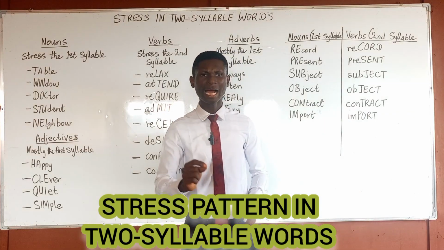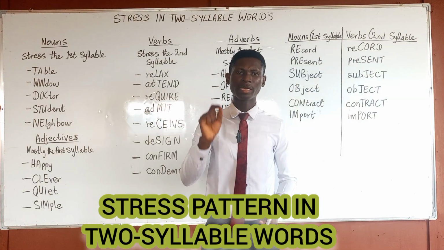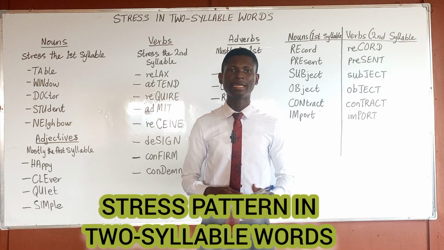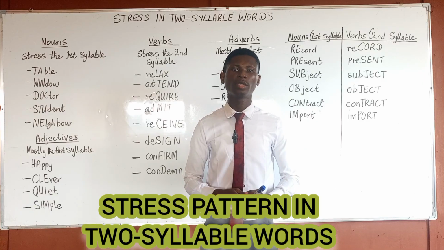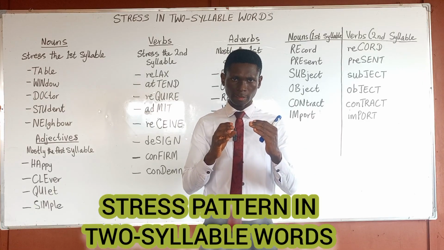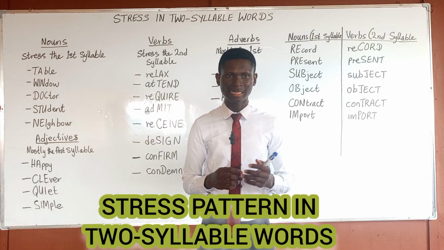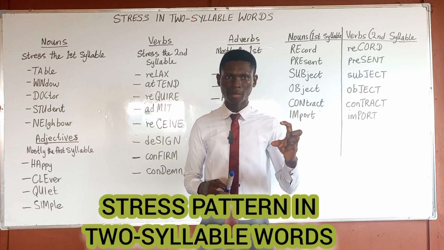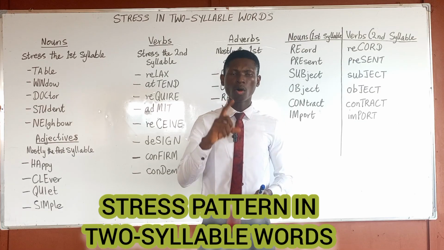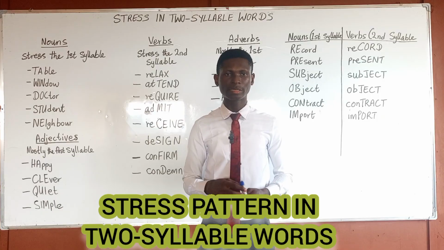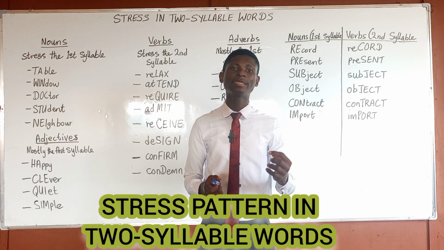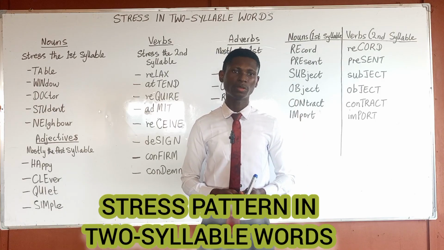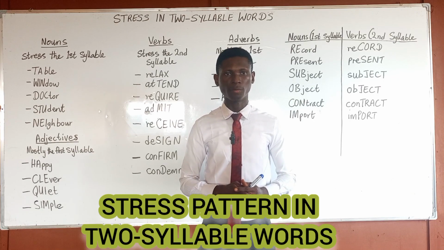And we normally have one primary stressed syllable in a particular word, notwithstanding the number of syllables. So the stressed syllable is that syllable on which emphasis is laid. It is that syllable that is more audible than others. That is to say, it is always pronounced louder than other syllables. So that is a stressed syllable.